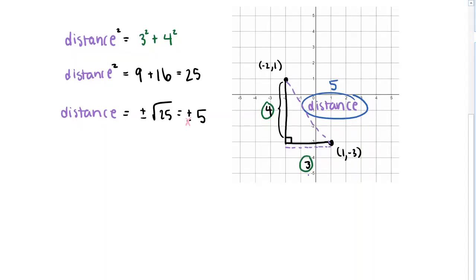This 3 here is 1 minus -2. And then this 4 here, we can see it as 1 minus -3, right? So 1 minus -3 gives us that value of 4, the difference in the y values.